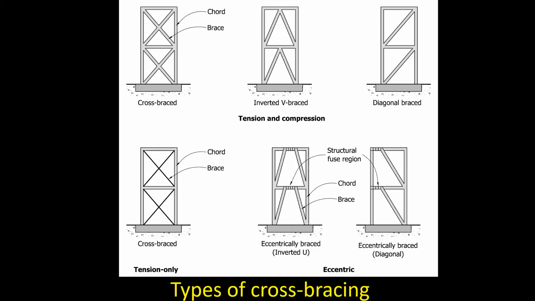Now, if most of your building is in structural steel, like if your roof structure is steel, then it makes a lot of sense to use cross bracing, say, instead of shear walls or moment frames. But it's up to you. It depends on your program and your design concept.